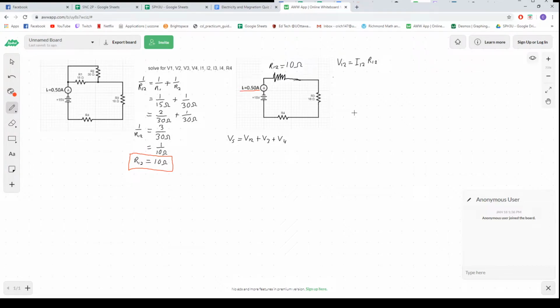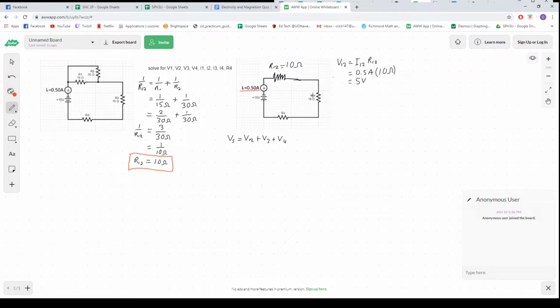We have I12, and we have R12 in this big red box over here, so we can just fill that in. I12 is 0.5 amps. R12 is 10 ohms. And half of 10 is simply 5. So 5 volts. That's what we end up losing in this first resistor here.